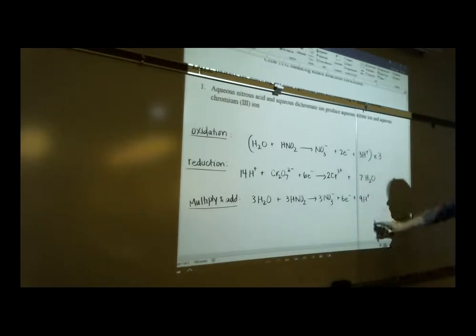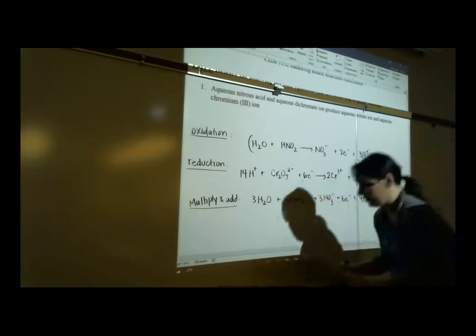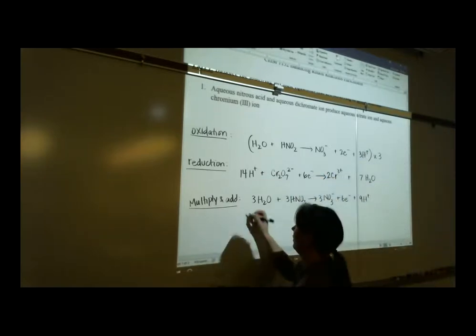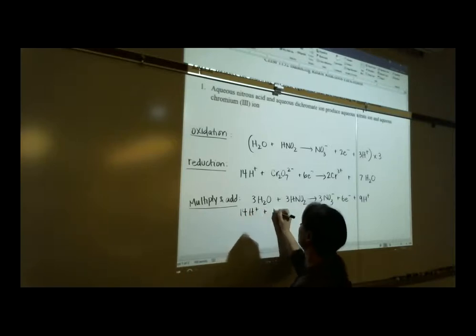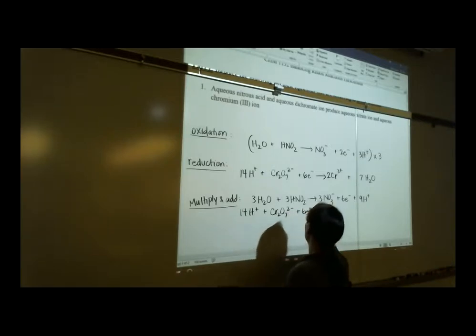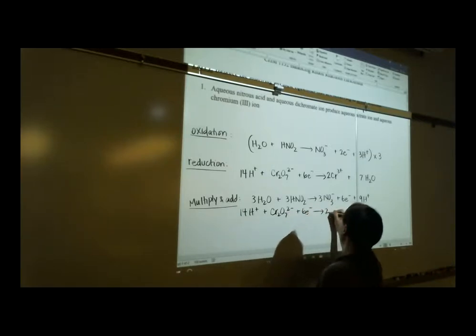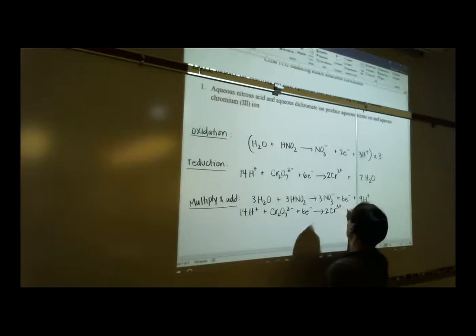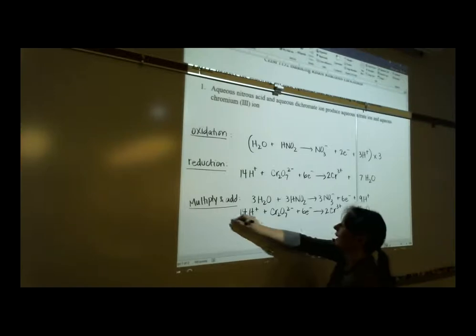And then we're just going to rewrite this one underneath so we can cross out all the stuff we need to cross out. So let's just rewrite it. 14 H plus plus Cr2O7 2 minus plus 6 e minus produces 2 Cr3 plus plus 7 H2O. Now let's add those up.